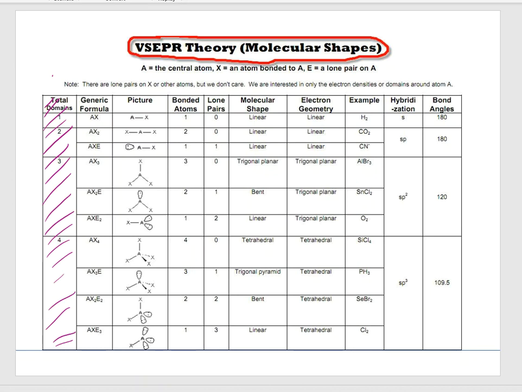The next one, this generic formula, you're going to cross this one out as well, because I never look at it, and you probably will never look at it either once I tell you how to read this chart the proper way. The picture column gives you an idea of the types of structure that this thing will take on.